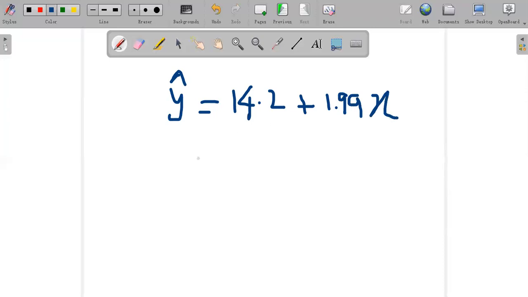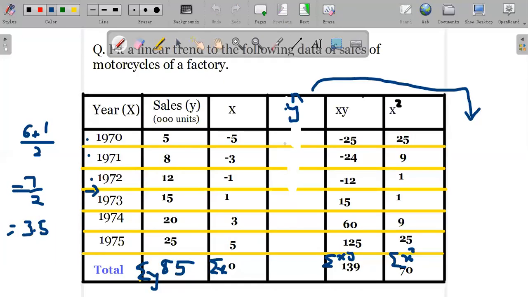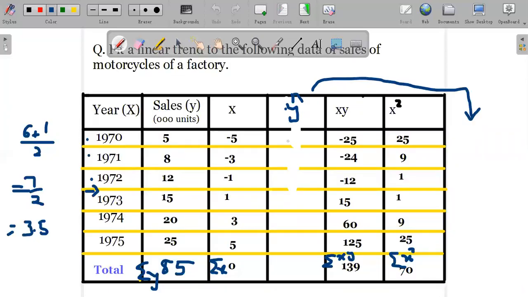If you are asked for trend values, just plug in here minus 5, minus 3, minus 1, plus 1, plus 3, plus 5, and then you find different y cap values.